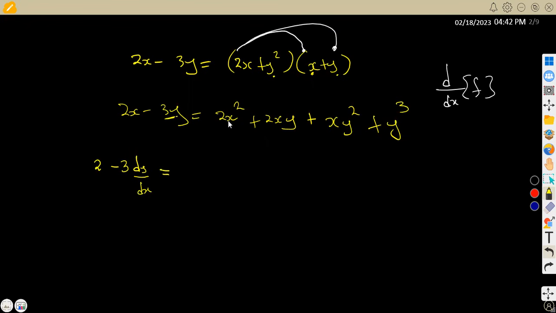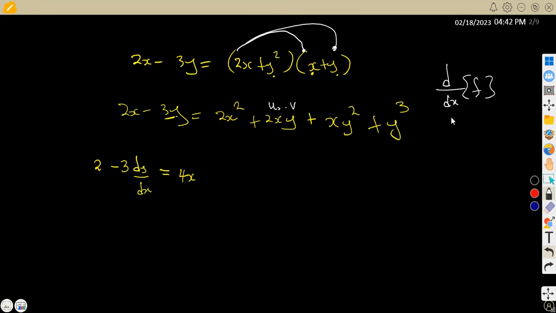Which is equal to, we have got 2x squared. You drop the exponent, so it's 2 times 2, which is going to be 4. So that's 4x. Remember, here there is x only, so it's going to be 4x, all right? 2xy, take note, this is a product. We've got 2 functions, which is our u and our v in this case, okay?